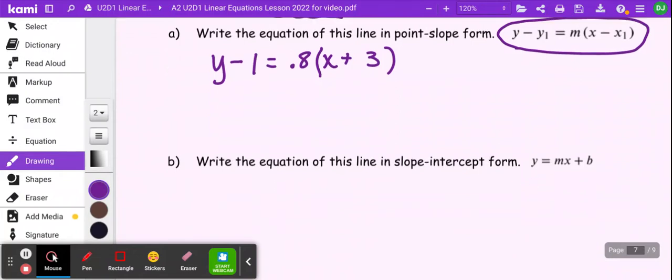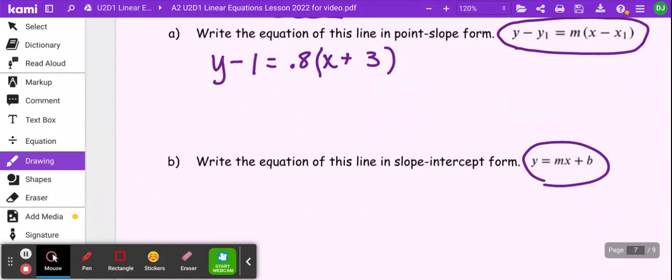Now, if you look at part B, how do I go from point slope form to getting it in slope intercept form? Well, name of the course is Algebra 2, but it really is only Algebra 1. If you think about this, the only difference in these forms is that this one is solved for the y. So can I solve this for the y? I'm hoping yes would be my answer.